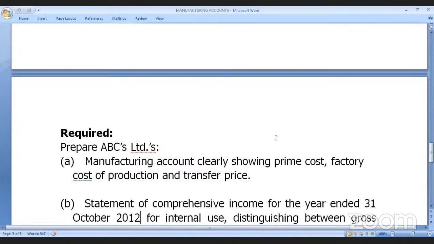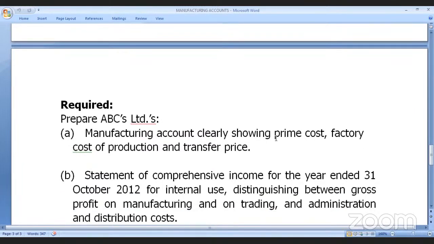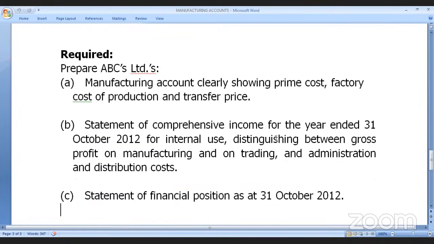Then part B is all about coming up with a statement of comprehensive income for the year ending 31st October 2012 for internal use, distinguishing between gross profit on manufacturing and on trading and administration and distribution costs. Then part C, prepare the statement of financial position as at 31st October 2012.